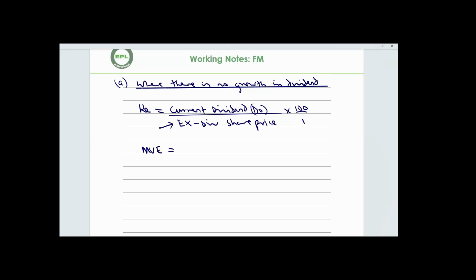So all you need to do is to just cross multiply the formula for cost of equity to get the market value of equity. Therefore, market value of equity represents the present value of future cash flows, that is dividend, discounted at the cost of equity or discounted at dividend yield.